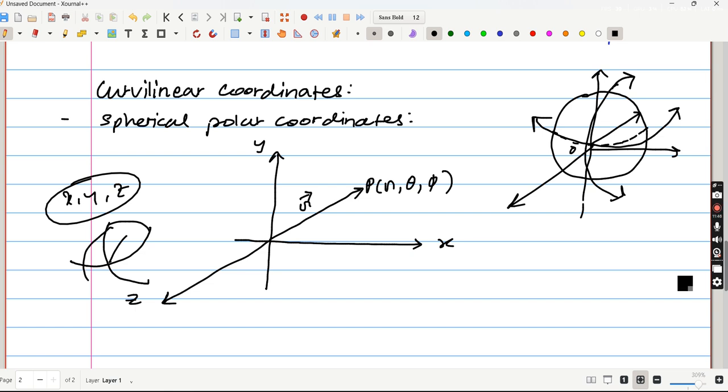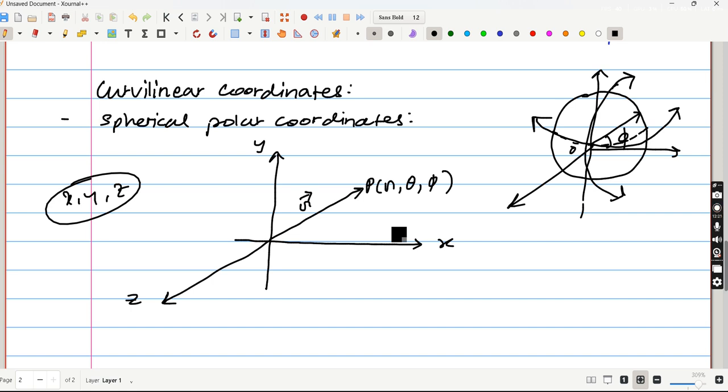That is what will form a sphere. So r is basically the outward radial vector. Phi is going to be your latitudinal angle, describing how it rotates horizontally, and theta is going to be how it rotates vertically.